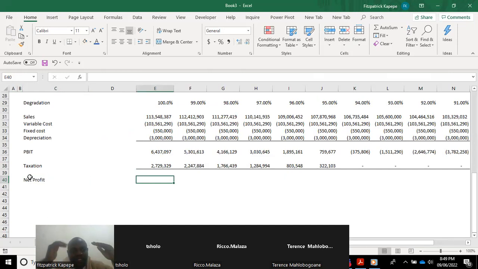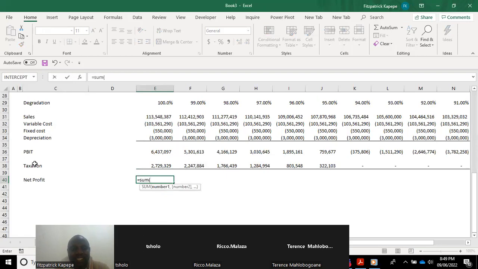Okay, this is the stages of how you move in a very methodical way. So we need to sum this, which is the profit before tax. Actually, we'll do this. It's this minus tax. If I wanted tax as well, it's better I leave it in negative so that I don't confuse myself.